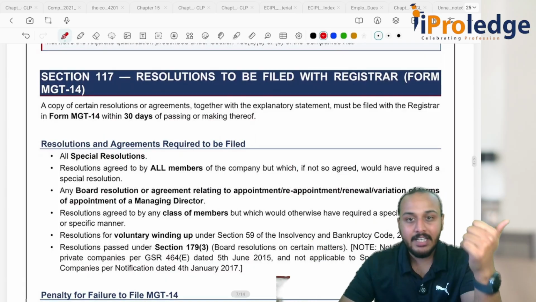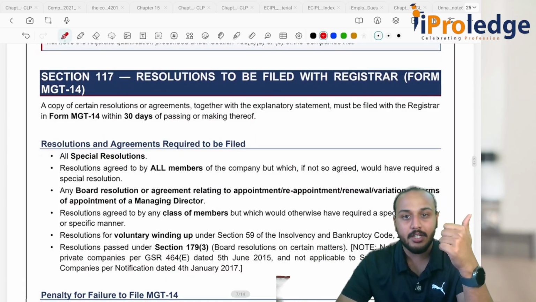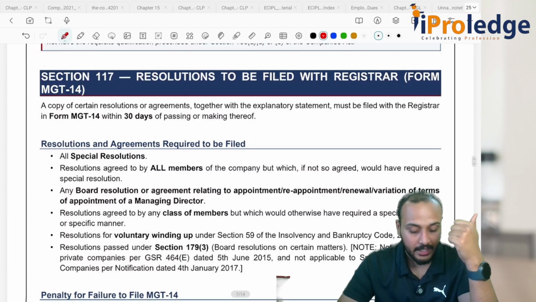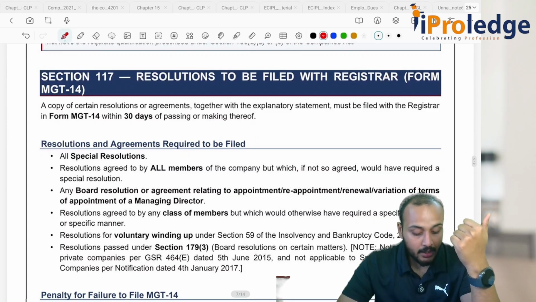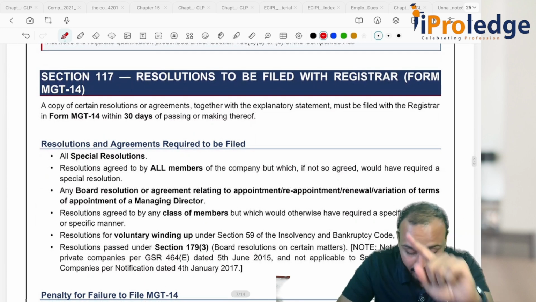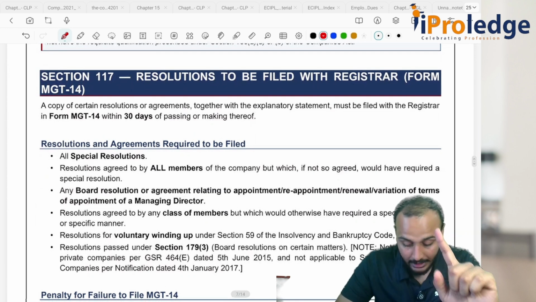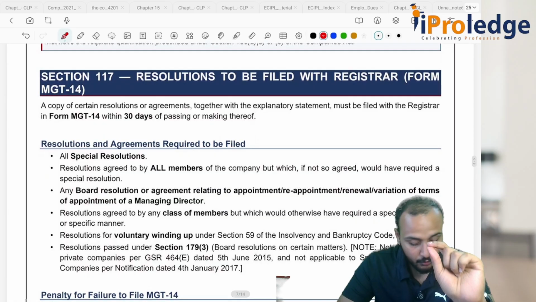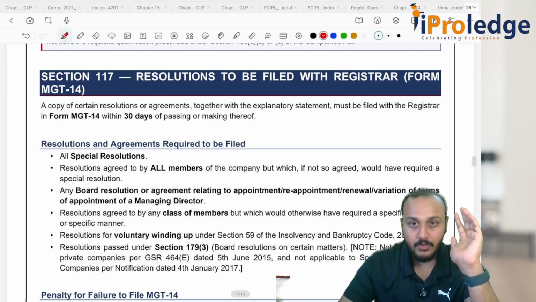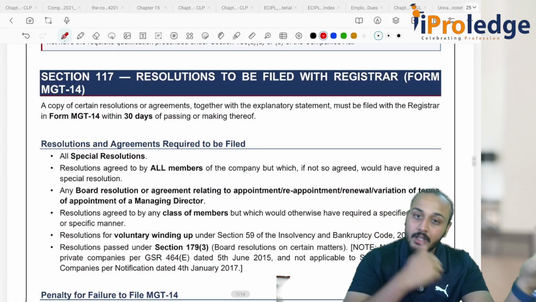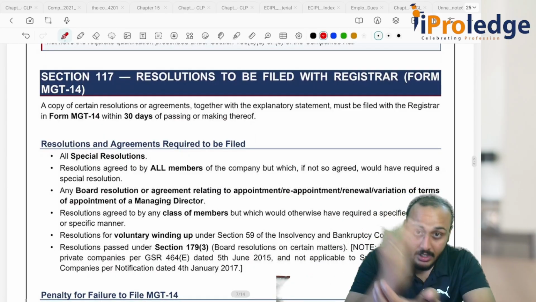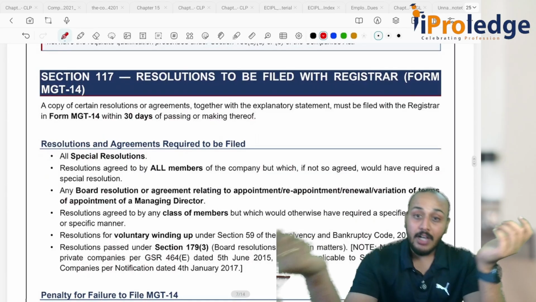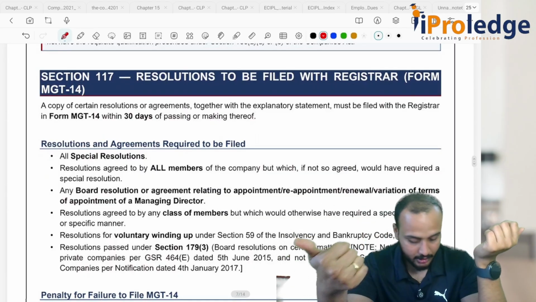First thing, every single special resolution that you pass in a general meeting needs to be filed in MGT 14. Resolutions agreed to by all the members of the company, but which, if not so agreed, would have been required to be passed by special resolution. So, generally, all the members of the company agreed to that particular resolution, which even if they did not agree, would have triggered the requirement of special resolution.